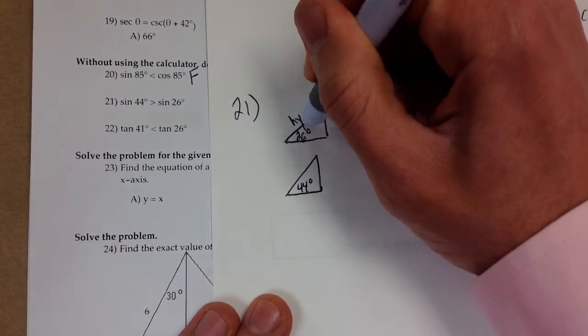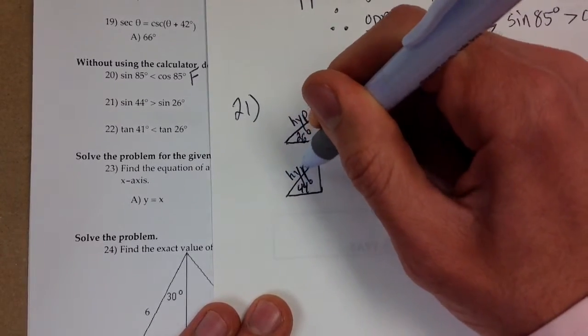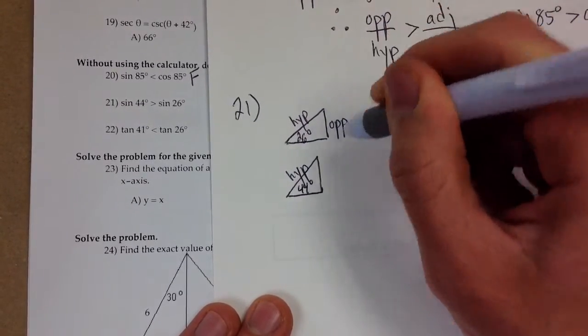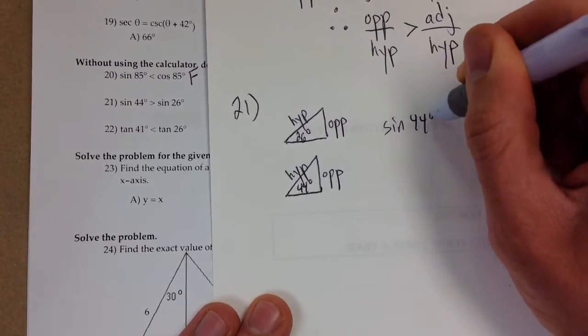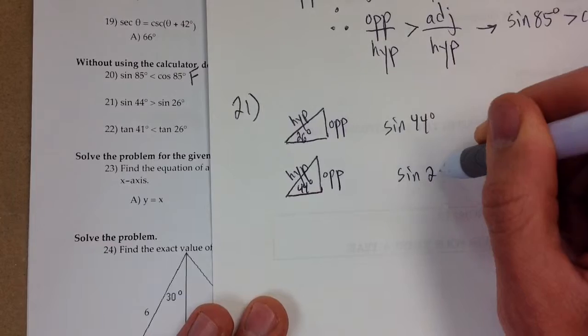So you can again think of the hypotenuse as being constant. We're comparing sine of 44 degrees and sine of 26 degrees.